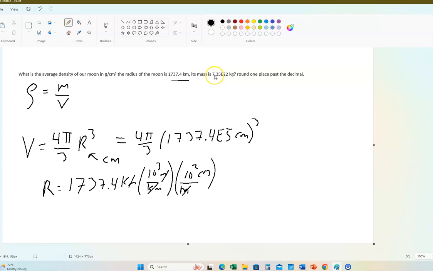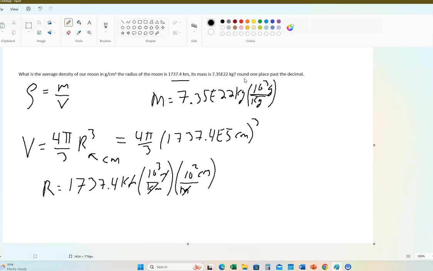So we need the mass to be in grams, but that's actually pretty easy to do. So let me do that as well. The mass of the moon is 7.35 times 10 to the 22nd kilograms, and of course 1 kilogram is 10 to the third grams, 1,000 grams, right?